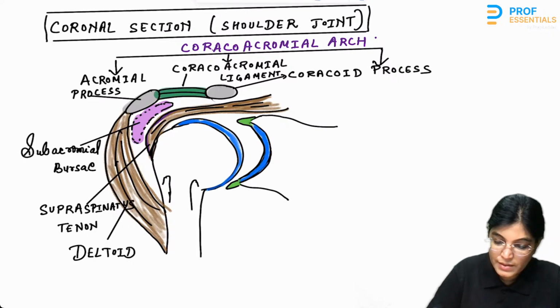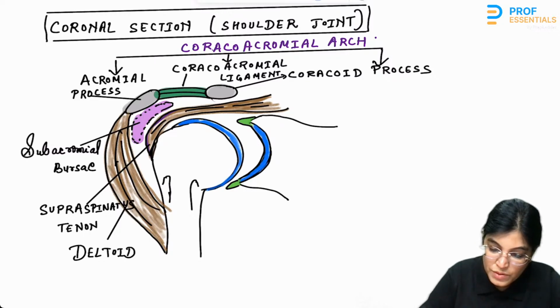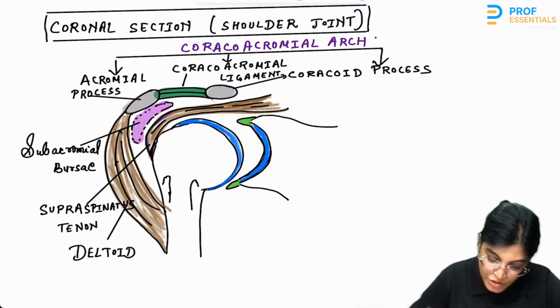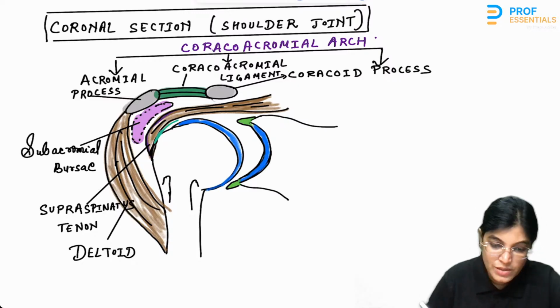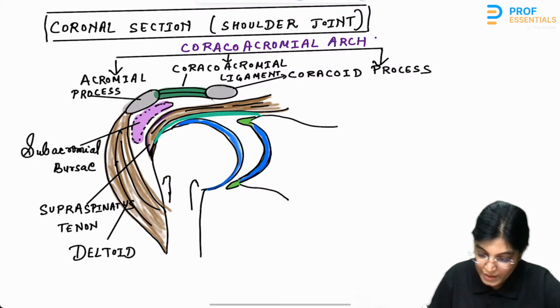Okay. So for fibrous capsule attachment, again, I am going to use green color. It is attached to the articular margins beyond the glenoid labrum, and here it will be towards the surgical neck of humerus.